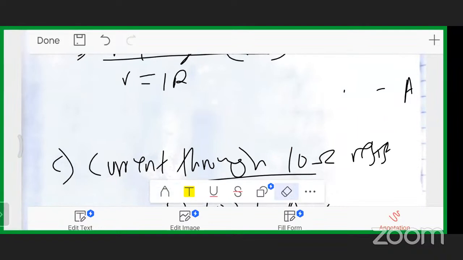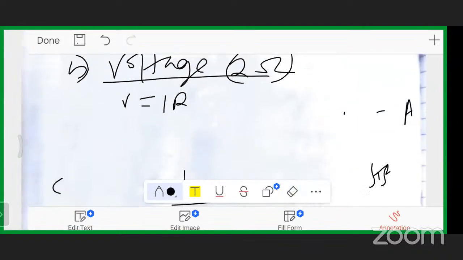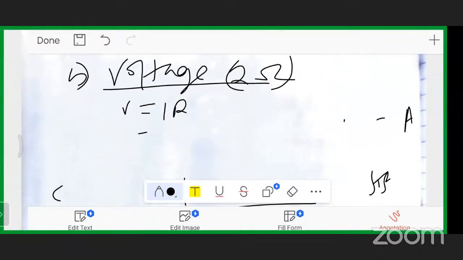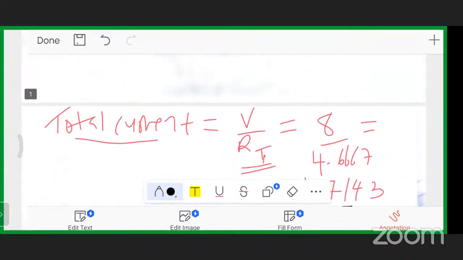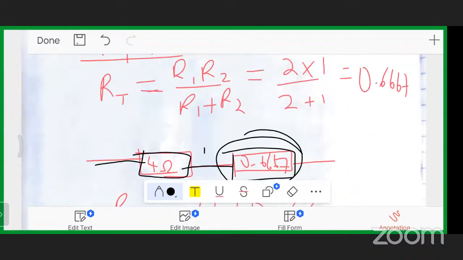The current would be the current flowing through the total reduced resistor, which is 1.7143. So 1.7143 times, now for the R here, use the effective resistance. Remember, this current is flowing through the reduced one, not through the individual ones.